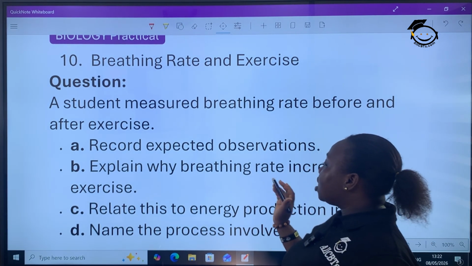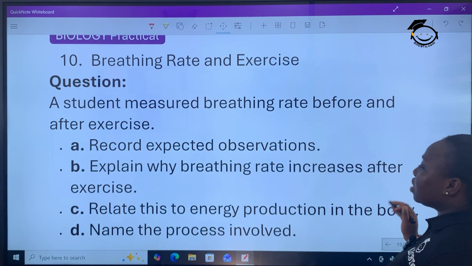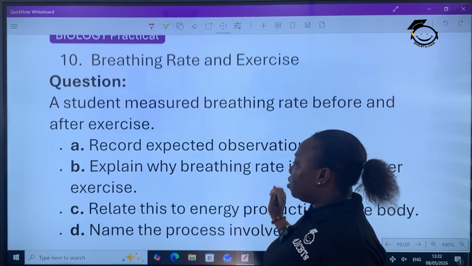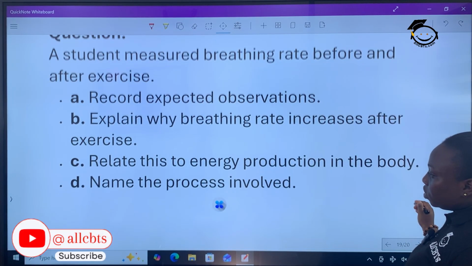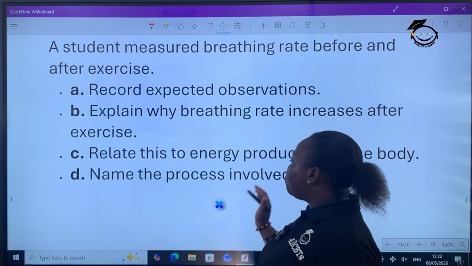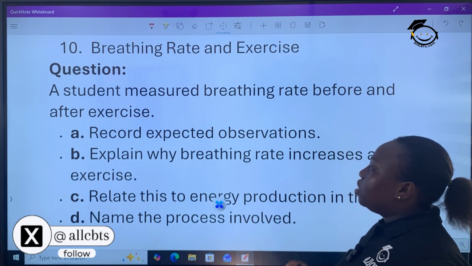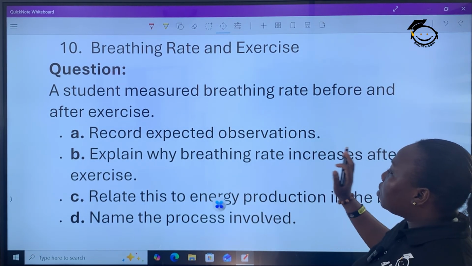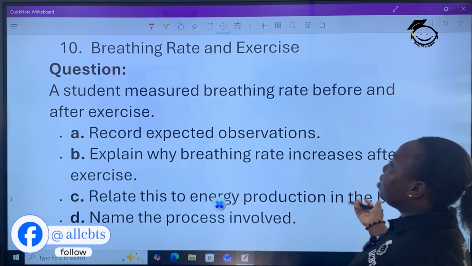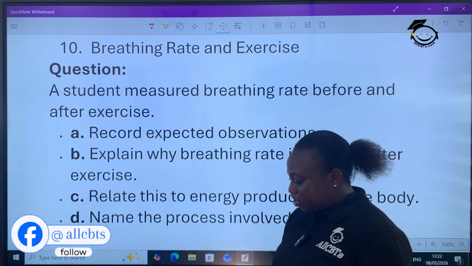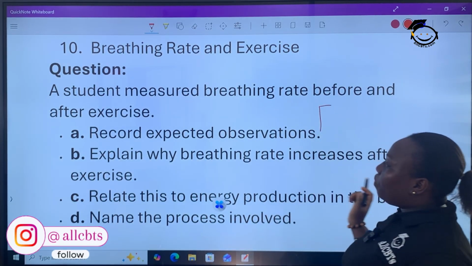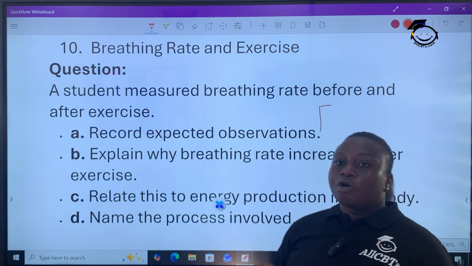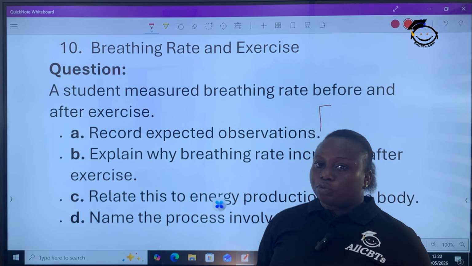B, explain why breathing rate increases after exercise. C, relate this to energy production in the body. D, name the process involved. Now, from A, record expected observations. You can say that your expected observation was that before the exercise, don't forget that as a scientist, when you want to record something, you have to have a control.